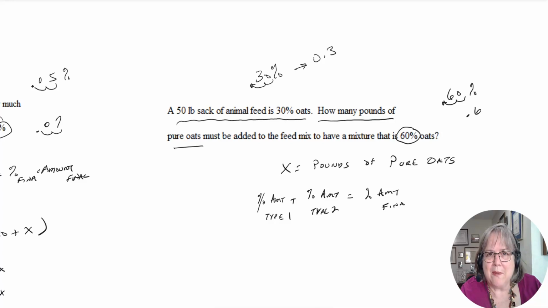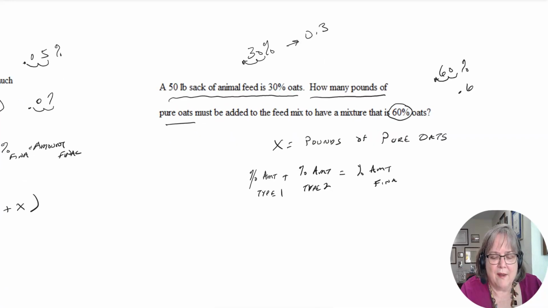AMT is short for amount, right? So here we go. What did I start off with? I had percent, which is 0.3, because even though we write percent, we want it as a decimal, right? So 0.3, which is 30%, times 50 pounds. That's my percent times my original amount plus.